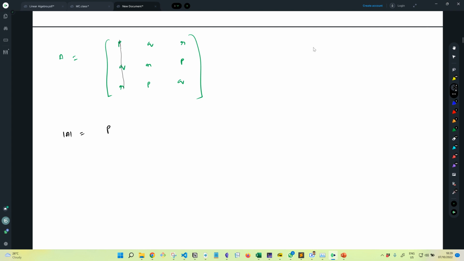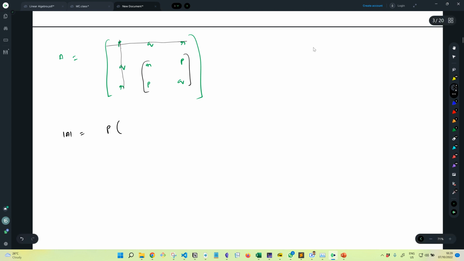The method I follow is I take the first entry, eliminate the first row and the first column, and take the determinant of the submatrix. Computing the determinant of a submatrix is very easy, right?